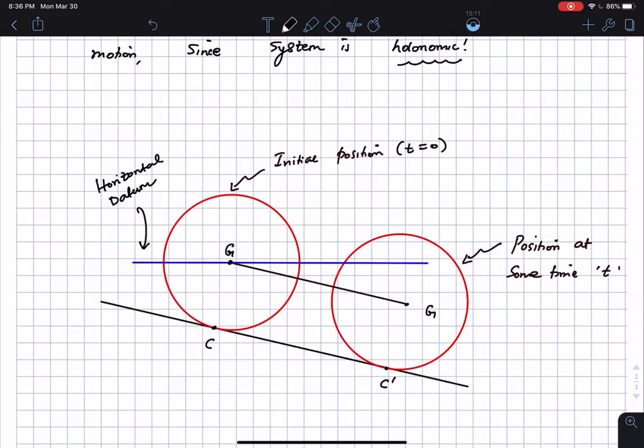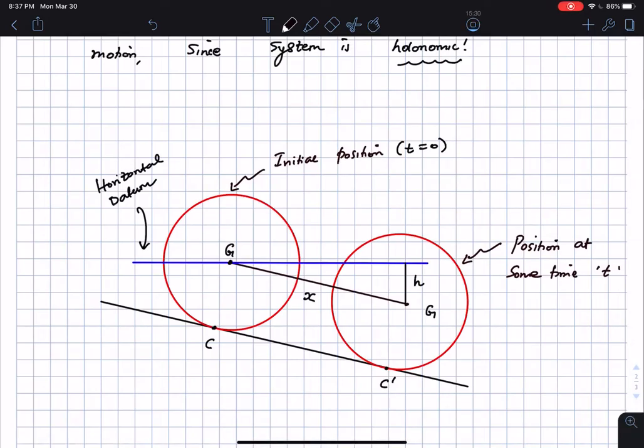If I join the horizontal line and the line joining the centers by a vertical line, this is going to be called little h. The distance from where the disk center of mass was initially to where it is right now, I'm going to call distance x.